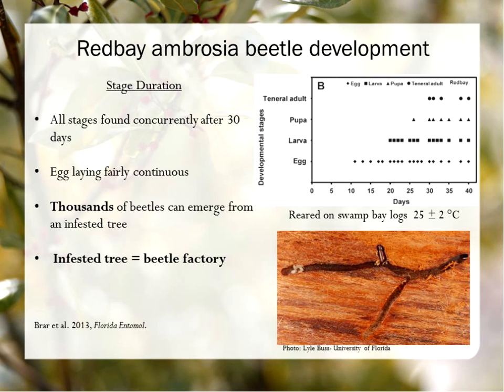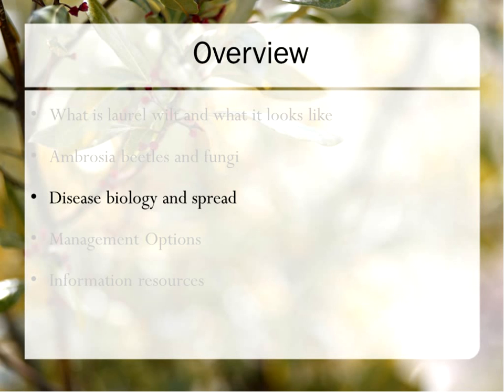So it doesn't take long for the reproduction to start happening. Egg laying is very continuous. So again, when it comes to management and sanitation, you want to make sure you remove as many standing trees as possible, because this is what really helps propagate the disease and propagate the beetle itself. So I just wanted to make that point.